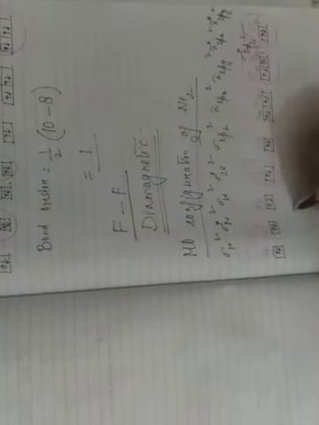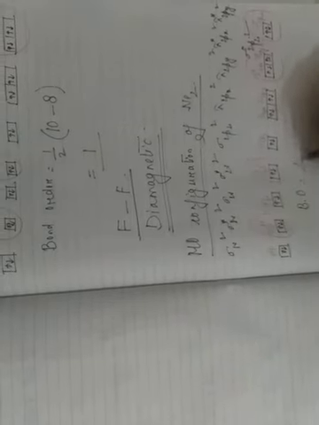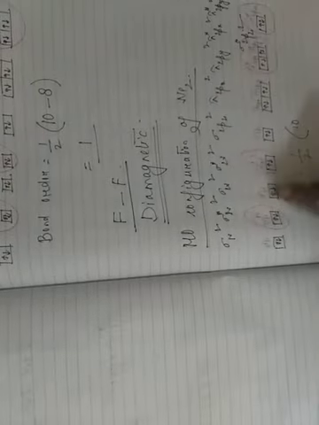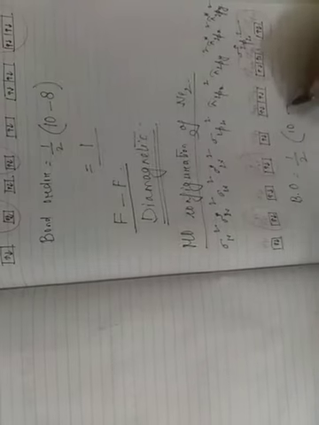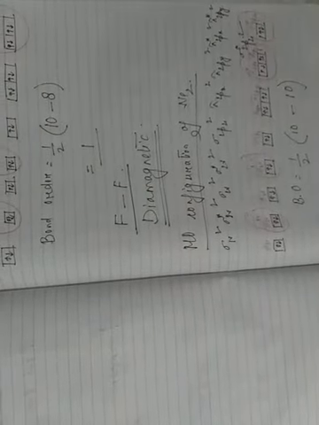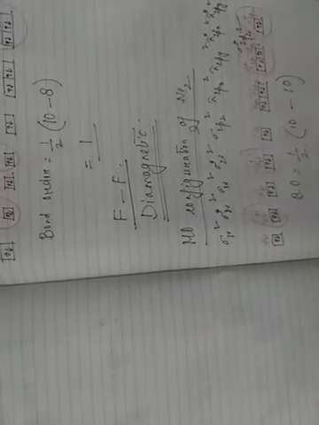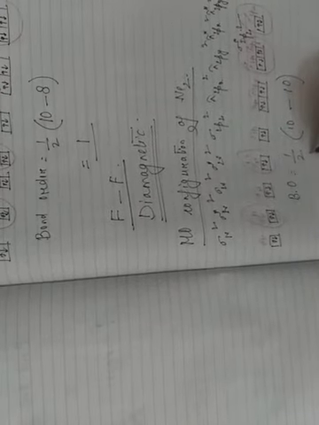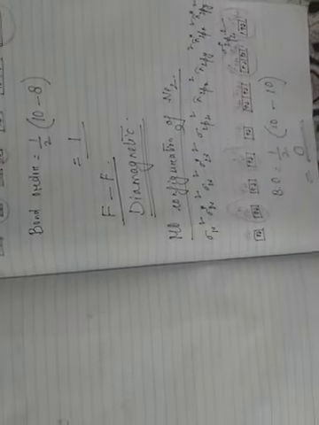Then the bond order is half into 10 bonding electrons minus the same amount of anti-bonding electrons, and that's why there is practically no bond existing.